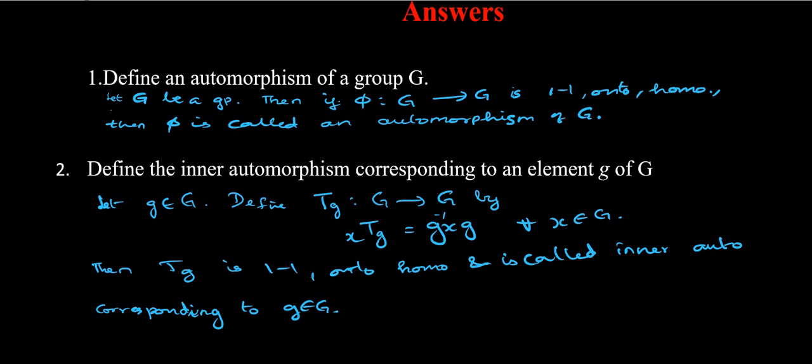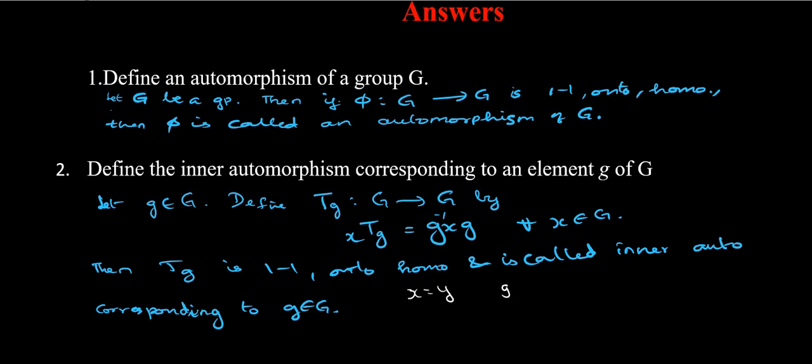See, for well-definedness: if you are given such a mapping, then there is no need to check the well-defined part. But if we are defining it, then we'll have to check the well-defined part. So we'll consider x to be equal to some y.